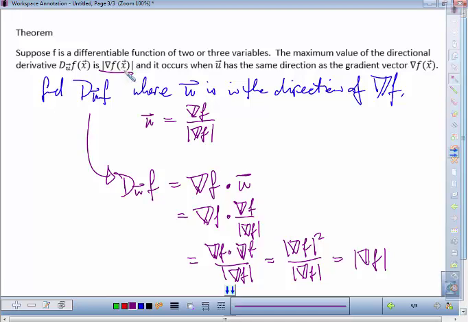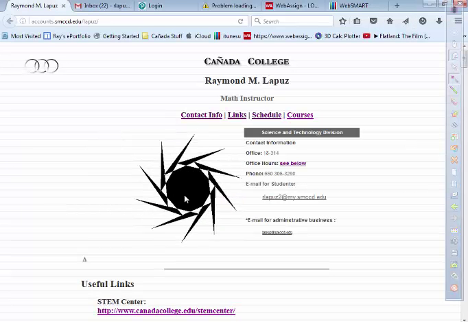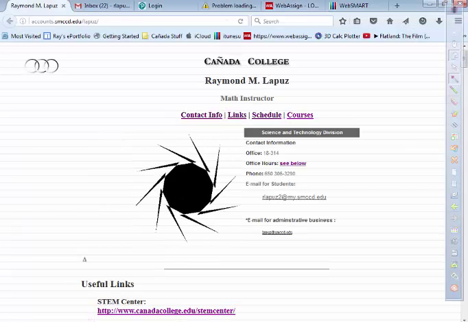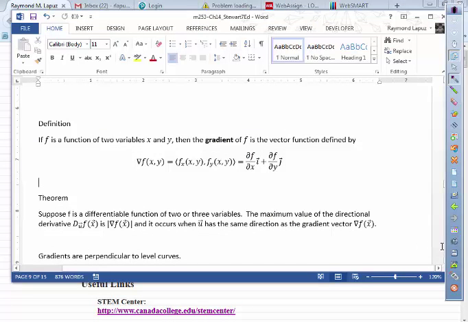All right, let's see if we can do a problem. I didn't log into my account yet. Let's see if I have some problems in the book.